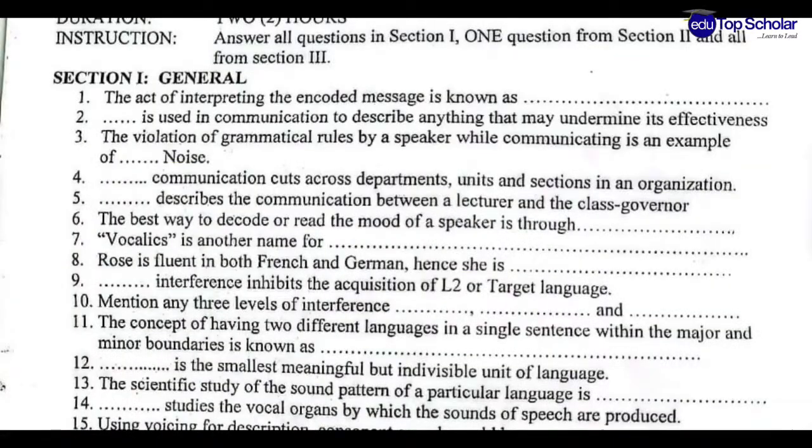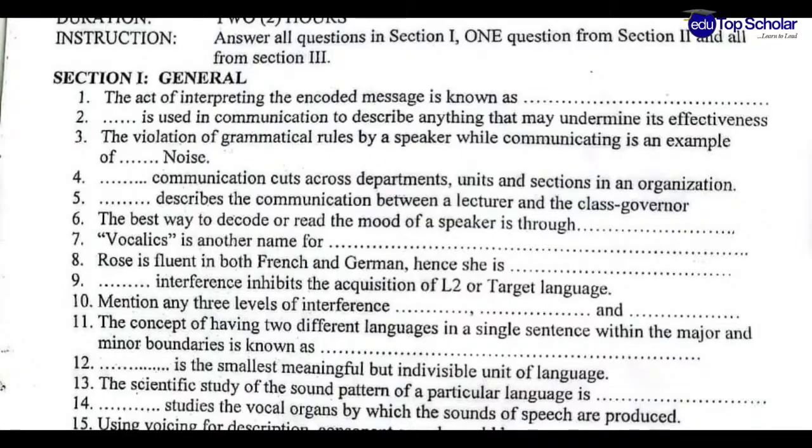That one does not concern this course anyway. But in this question now, the communication that cuts across department, unit, and section in an organization is not interpersonal communication anymore. It involves more than 2 people. That is group communication. Okay, in that case, let's go to question number 5.